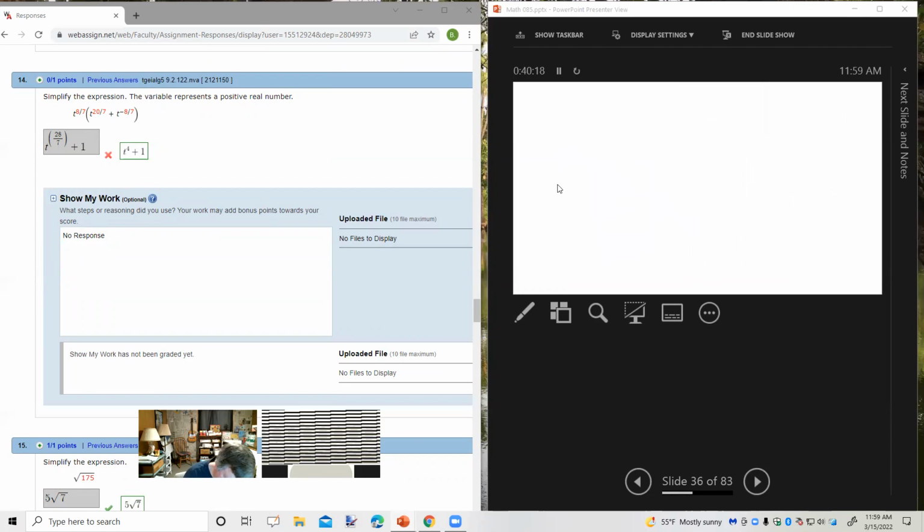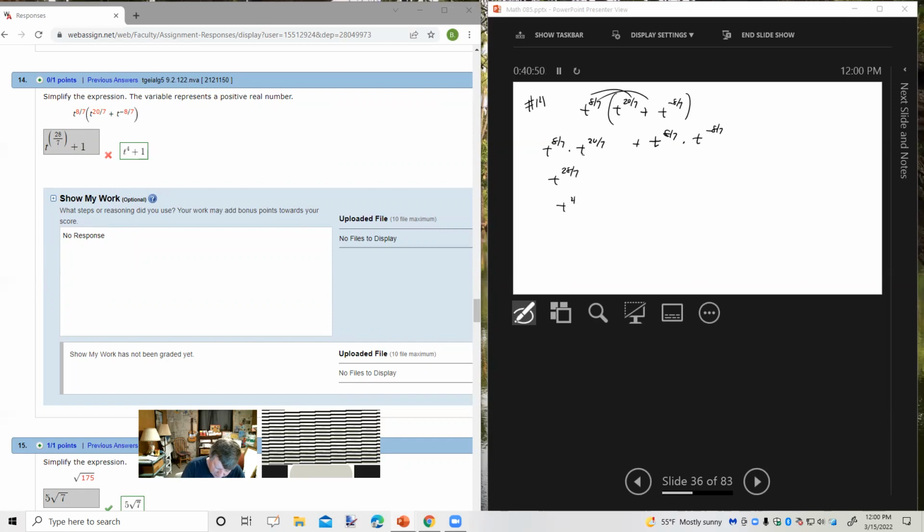Let's take a look. Okay, number 14, t to the 8/7 times t to the 27 plus t to the -8/7. Okay, so distributing, t to the 8/7 times t to the 27 plus t to the 8/7 times t to the -8/7. All right, multiplying two powers with the same base, you add the exponents. 8/7 plus 27 is 28/7.